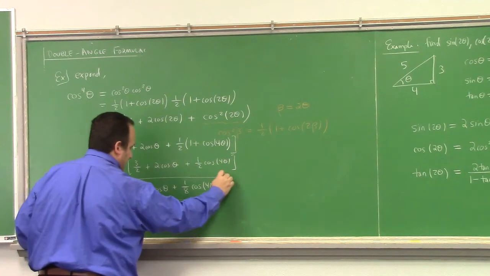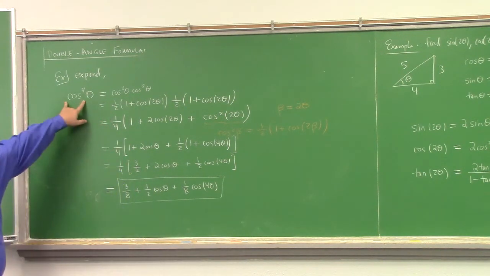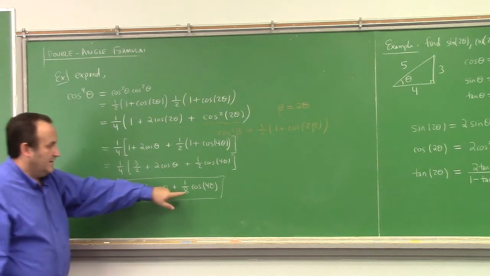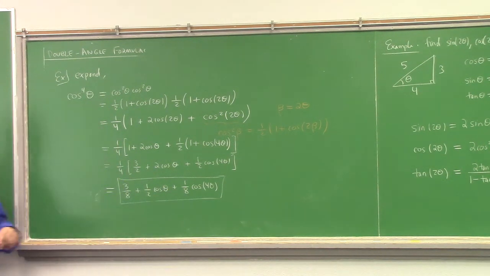We have expanded cosine to the 4th of theta as a sum of a constant, a cosine of 2 theta, and a cosine of 4 theta. These kind of calculations are possible for any power of sine or cosine. You can expand them as a sum of sines or cosines of lesser multiples of the argument, up to the power. And the way this is done is through the application of the sine squared and the cosine squared identities I showed you.